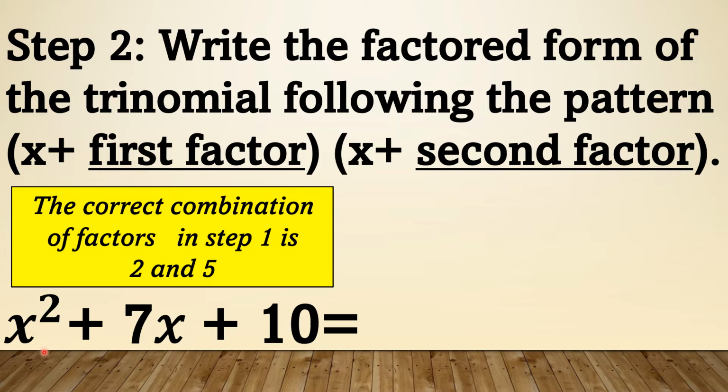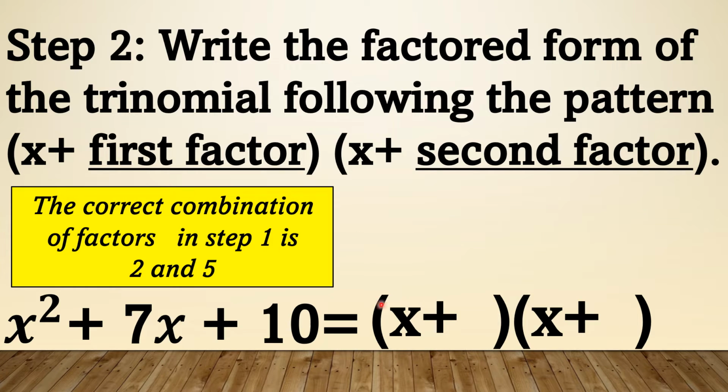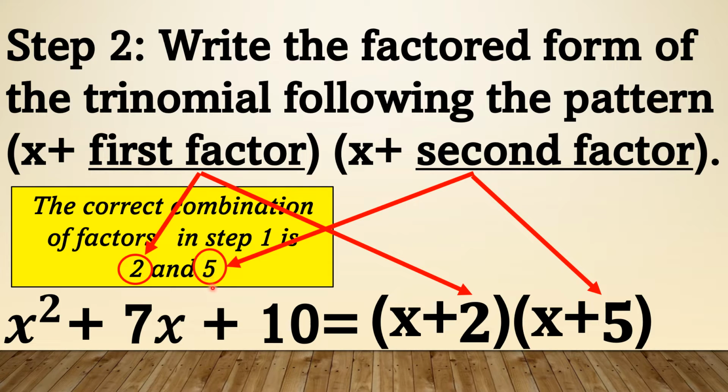So for x squared plus 7x plus 10, we are going to have x plus the first factor 2, and x plus the second factor, which is 5. So the complete factors of x squared plus 7x plus 10 is quantity of x plus 2 times quantity of x plus 5.